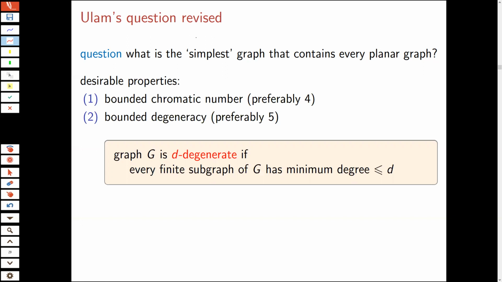Here a graph is d-degenerate if every finite subgraph has minimum degree at most d. It's important that you add the word finite here, because otherwise the infinite tree with infinite degree at every vertex would not be one-degenerate, and you want every tree to be one-degenerate. So planar graphs are 5-degenerate, so you'd want your simple graph that contains all the planar graphs to have bounded degeneracy, preferably 5.